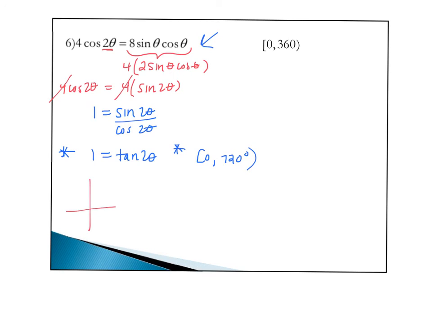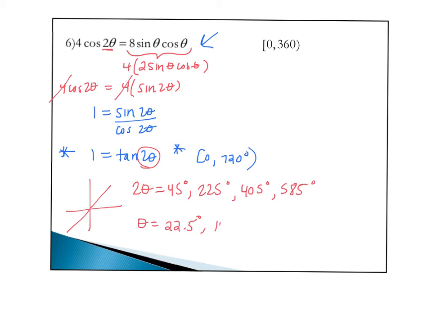Now we know that that occurs at the 45 and the 225, so we can start by saying that 2 theta equals 45 and 225, and then again, because it is 2 theta, that means we go around the circle another time, so we have to add 360 to those solutions to get 405 and 585, and then from there we have to get them in terms of theta by dividing by 2, and that's going to give us 22.5, 112.5, 202.5, and 292.5 degrees.